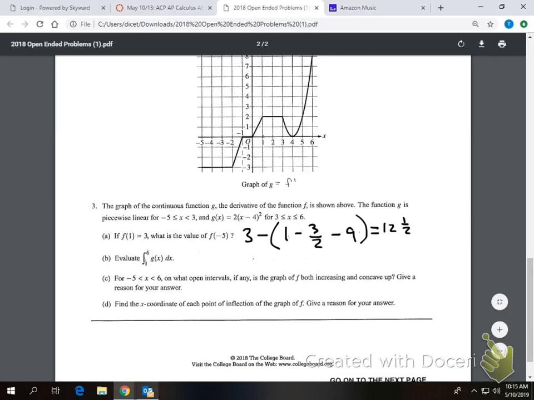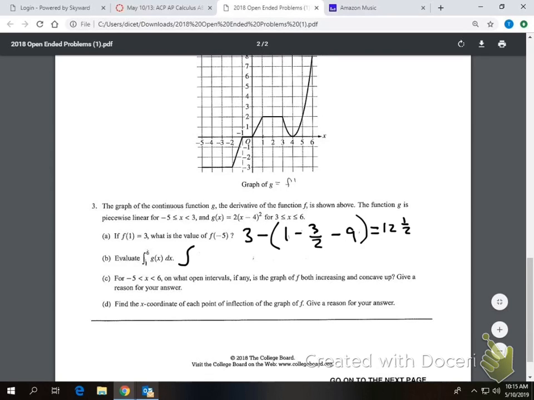Okay? That's A. B. They simply in B tell me just evaluate the integral of this graph from 1 to 6. Now what you should do is go from 1 to 3.